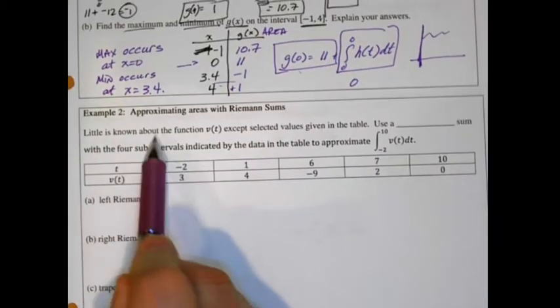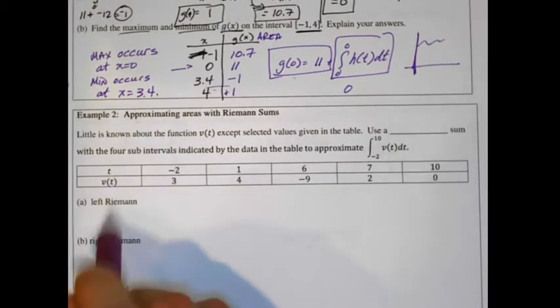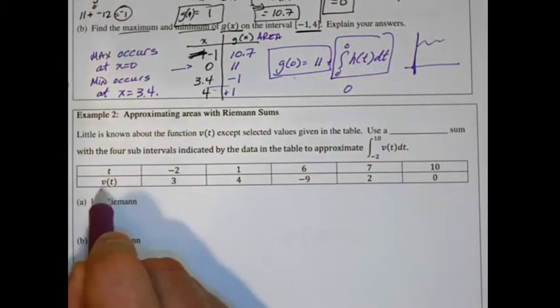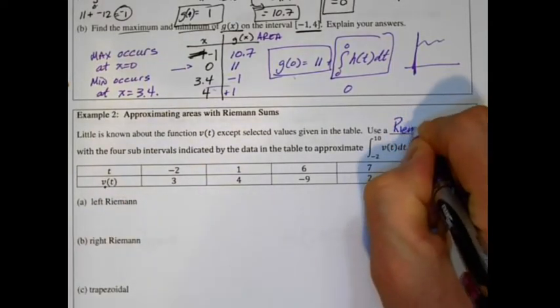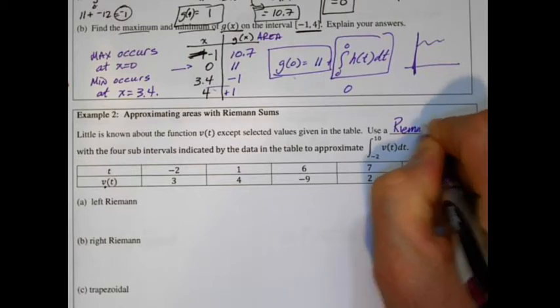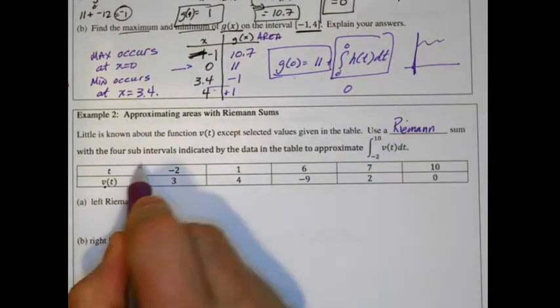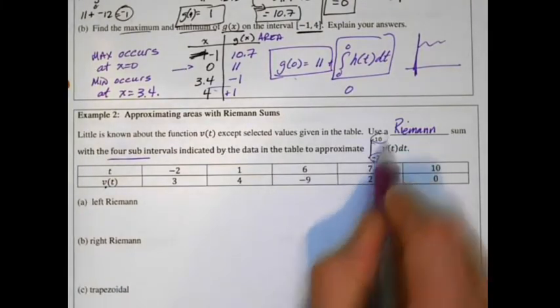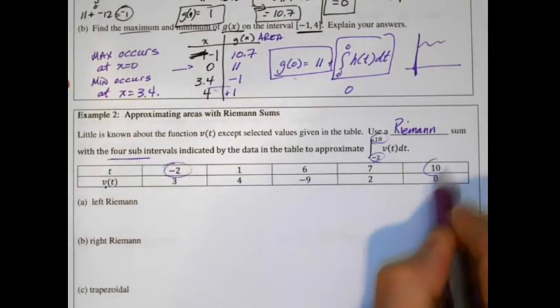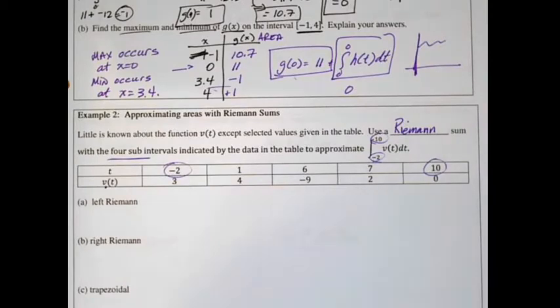Next is approximating areas with Riemann sums. So here we have a table of velocities. We're going to use a Riemann sum over 4 subintervals. So we need to check that the -2 to 10 works, perfect.